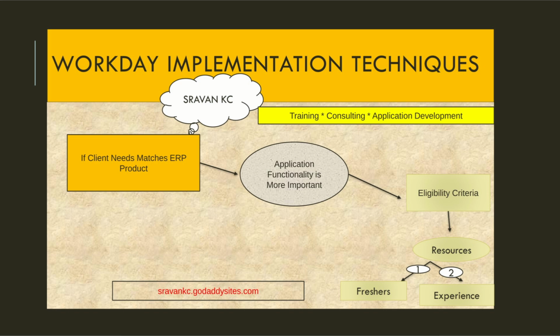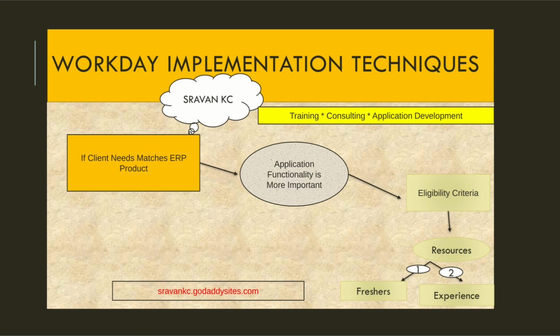Eligibility criteria: when we talk about eligibility criteria, who can configure this application, or who can develop the application? Taking the business scenario in the form of resources, one is freshers, and the other is experienced people, who have already done implementations.